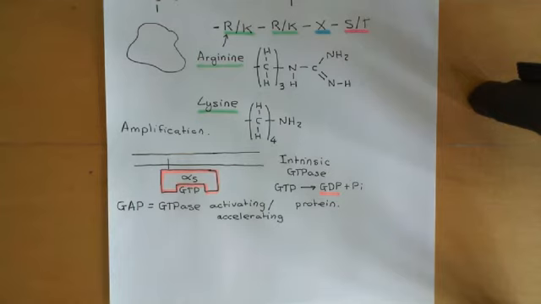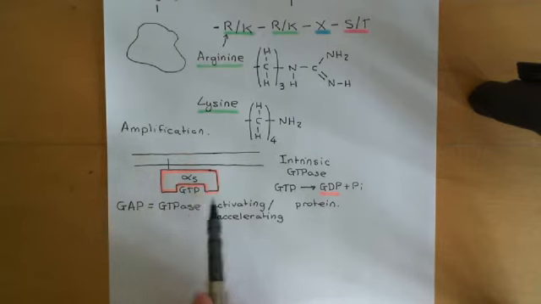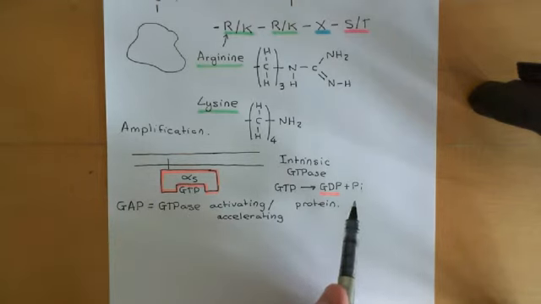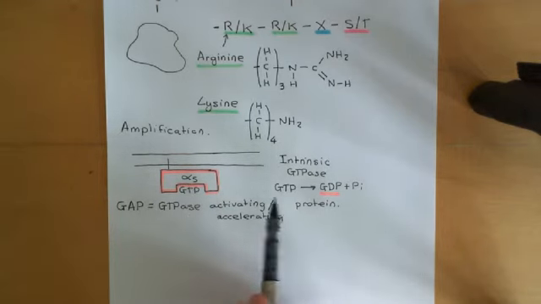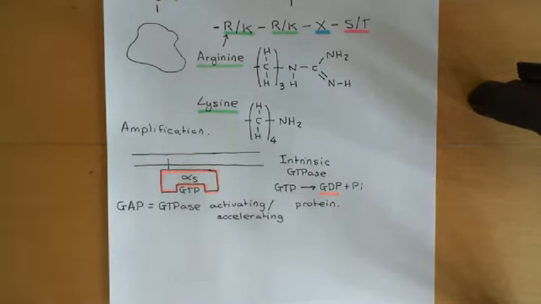Basically, that means that when the alpha S GTP subunit binds to the C1a, C2a dimer, the rate at which the alpha S hydrolyzes the GTP to GDP and inorganic phosphate is going to be hugely increased. So the alpha S subunit is now going to turn itself off much more quickly now that it's bound to the adenylyl cyclase.